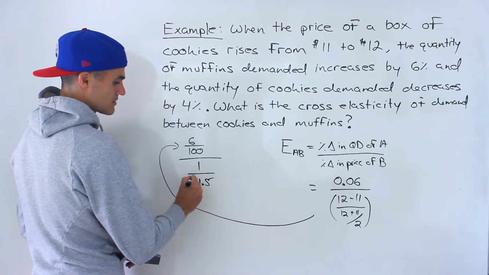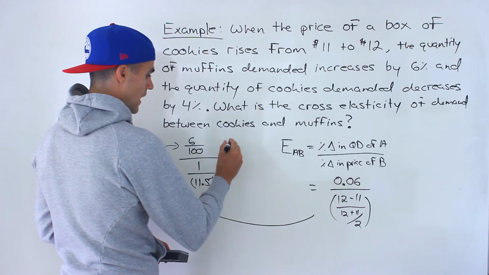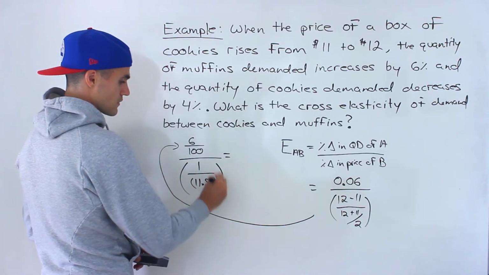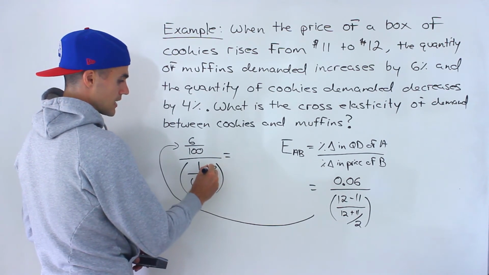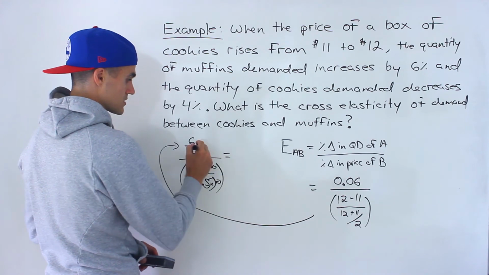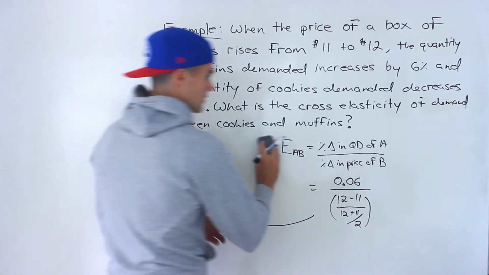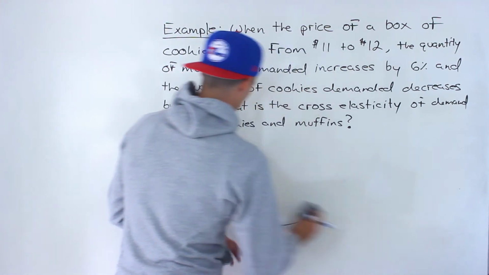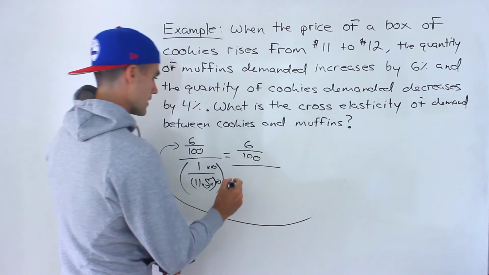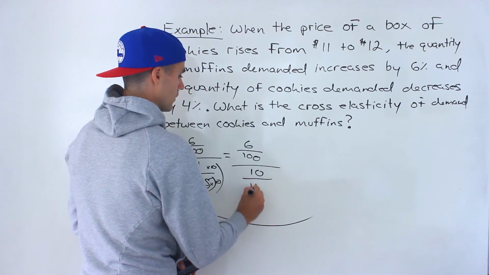And then over here, it's not really proper to have a decimal within this fraction. So we can multiply this by 10, multiply this by 10 to move that decimal. And then 1 times 10 is just 10. So erasing this, we would end up with 6 over 100 divided by 10 over 115.